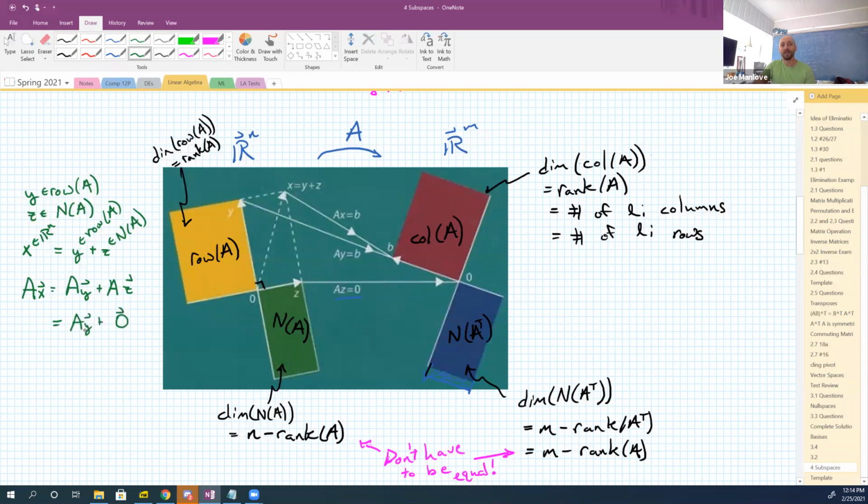And if Ay is b and x is y plus something in the null space, then x goes to the same place that y does. Does that thought process sort of make sense? So this little set of arrows here is explaining the complete solution. That's what all those little arrows are about.